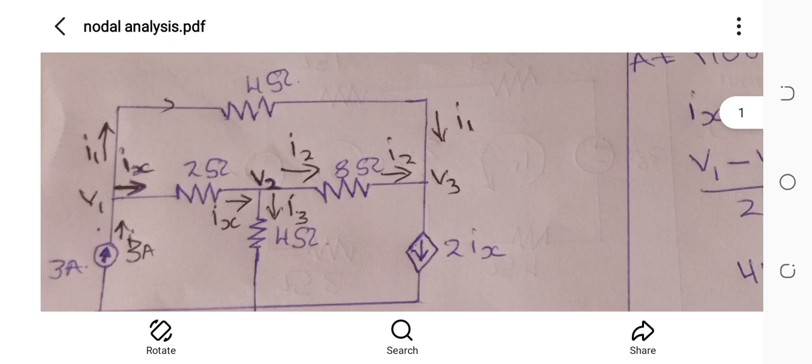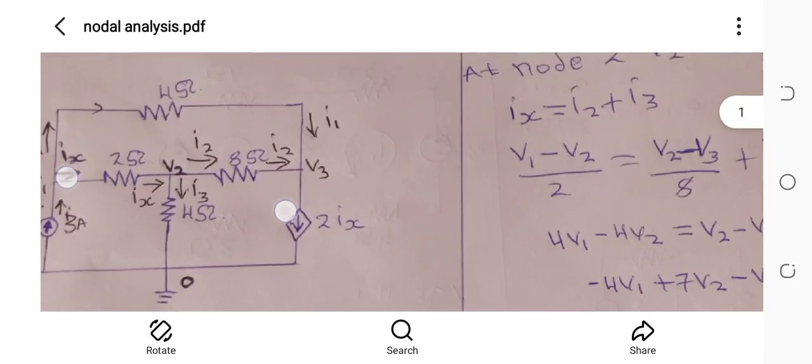You start from where the current is coming from, minus where the current is going to, the second point. So it is V1 minus V2 all over the resistance. The resistance, that is 2, must give you Ix, the current going through that.